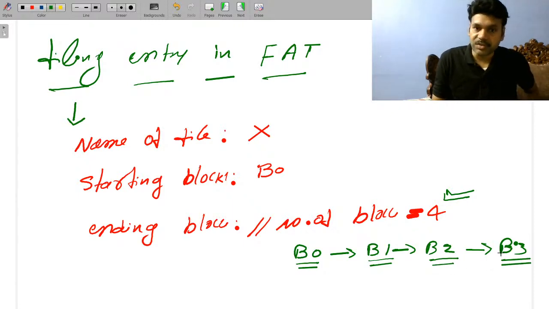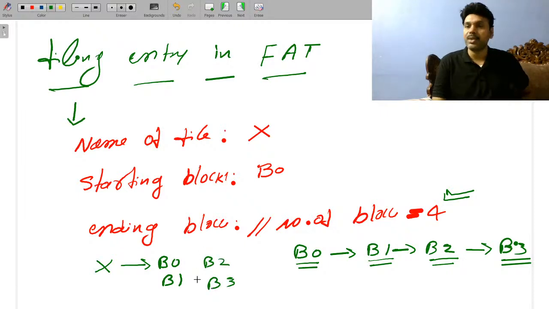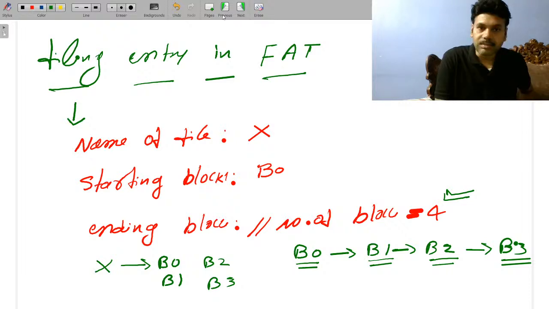After searching for the free space, file X is allocated from B0, B1, B2 and B3. This is permanent storage unless and until you delete it. Therefore, after allocation of your file X, these 4 are allocated to you. Others must not be able to access them.